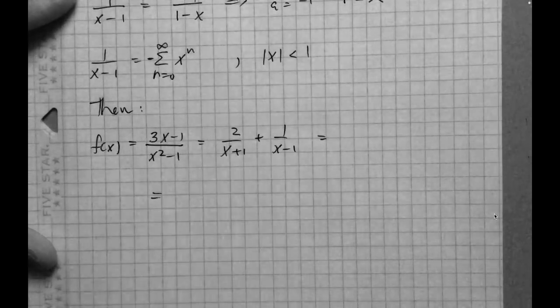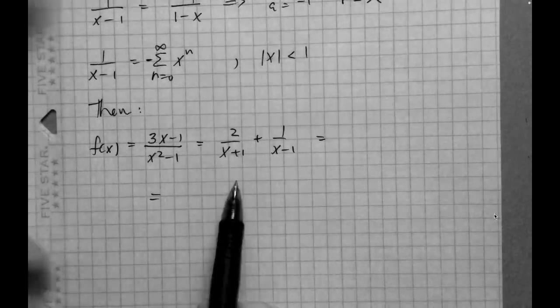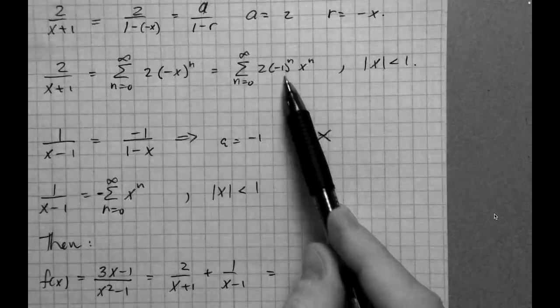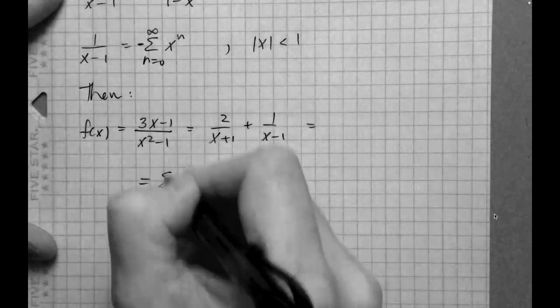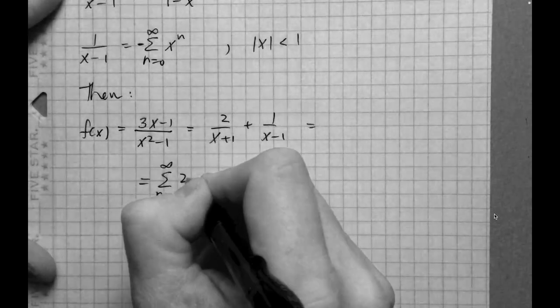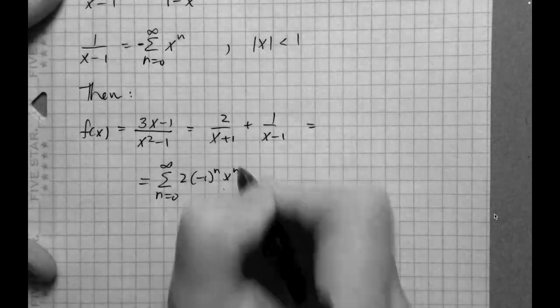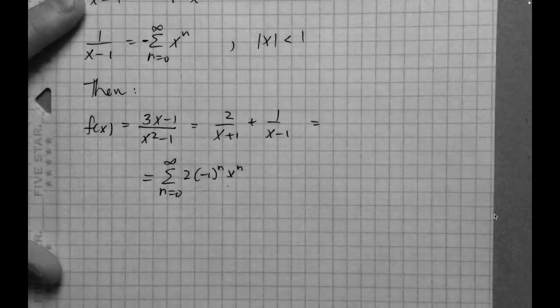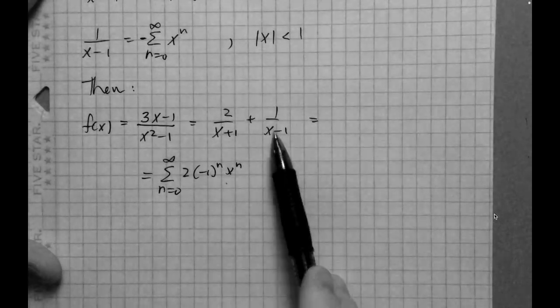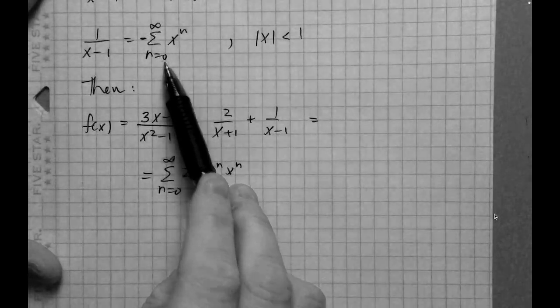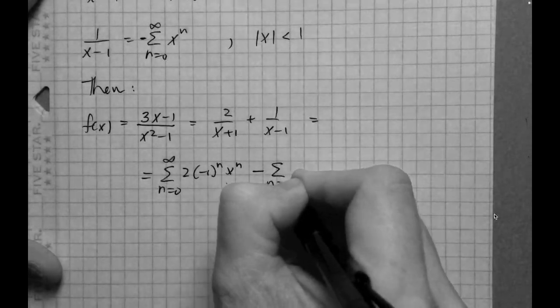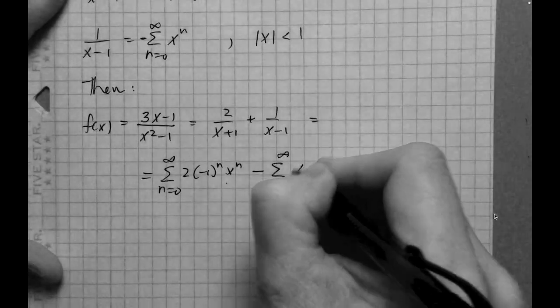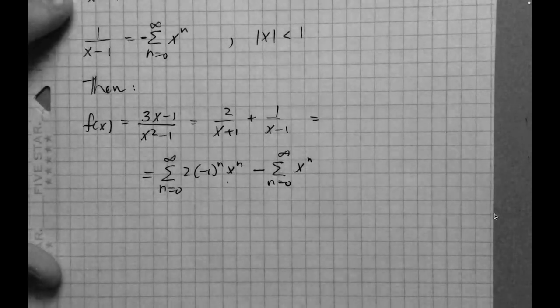So let's put that on the next line. The first one, we found this guy, right? So this would be the sum from n equals 0 up to infinity of 2 times negative 1 to the n x to the n. All right, and then the second piece here, we found this guy, right? So then we could say plus a negative sum n equals 0 to infinity of x to the n.